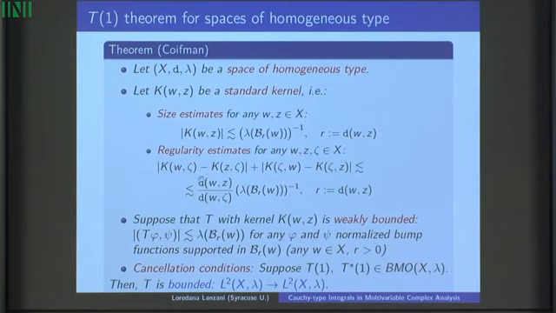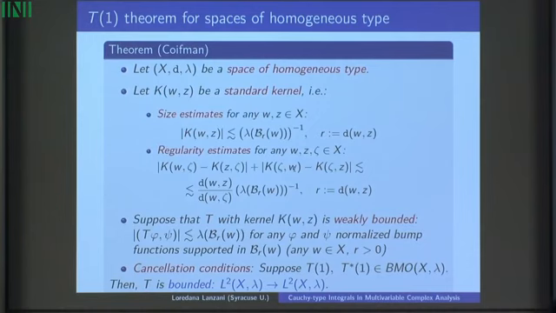If you take this distance, w to z, and you move it to the other side, you see that you get essentially difference quotients. And you're saying that these difference quotients can blow up, but you know no more than what you have on the right-hand side. And then there are some other technical questions you have to check. Essentially, you have to be able to prove by hand that the result you want is true for a special family of test functions where everything can be more explicitly determined.